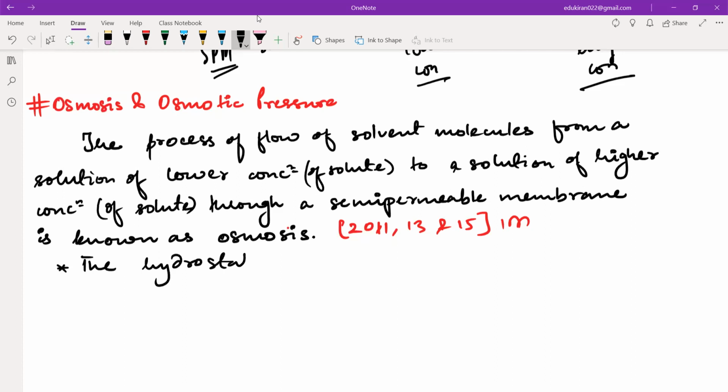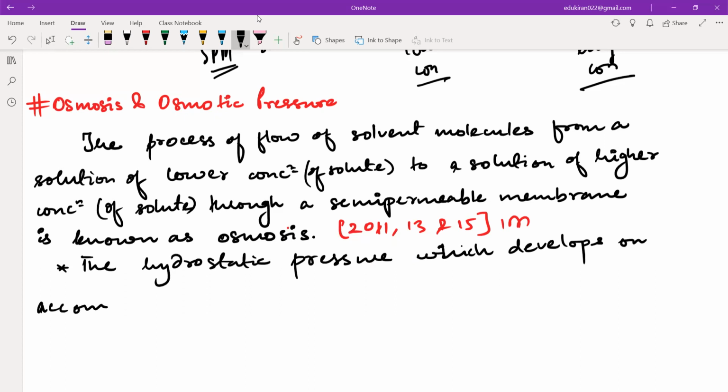The hydrostatic pressure which develops on account of osmosis is called osmotic pressure.